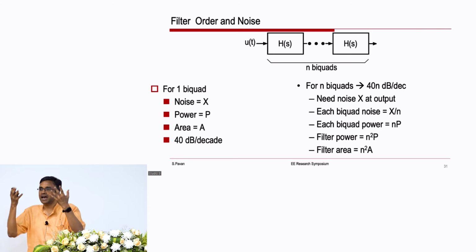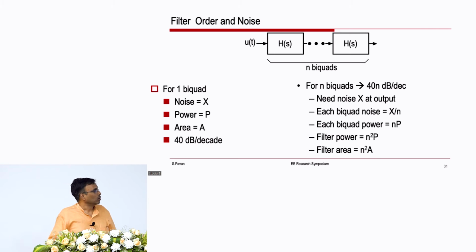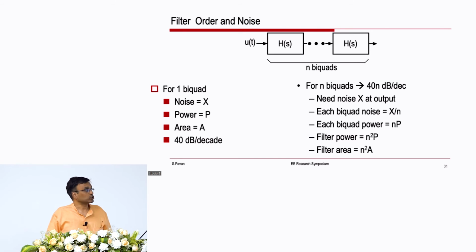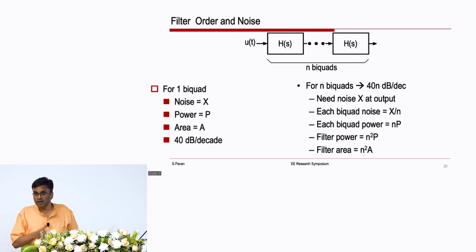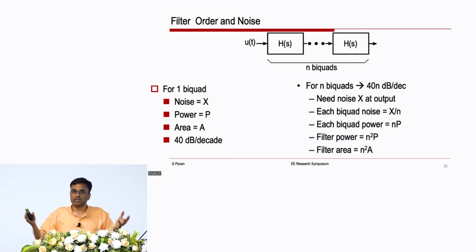The power dissipation has to be increased by a factor of n. So, what is the total power dissipation when you cascade n biquads? To get the same noise as a single biquad, you have n biquads, each one of them consuming n times the power. So, the total power dissipation goes up by a factor of n square, right.